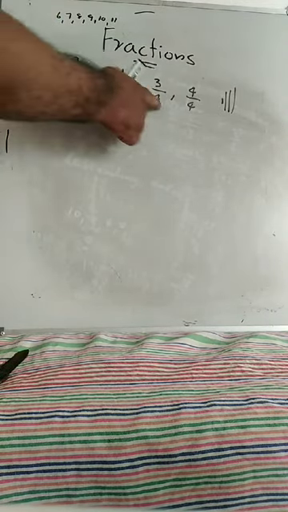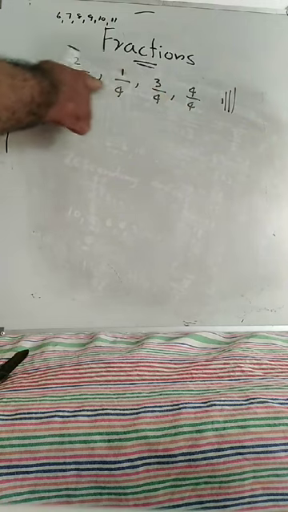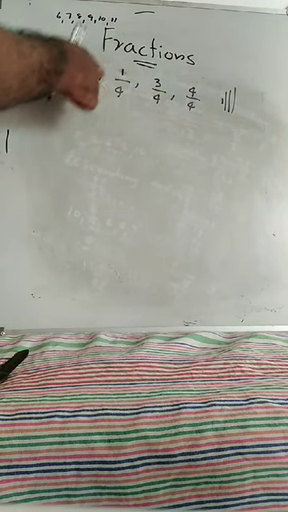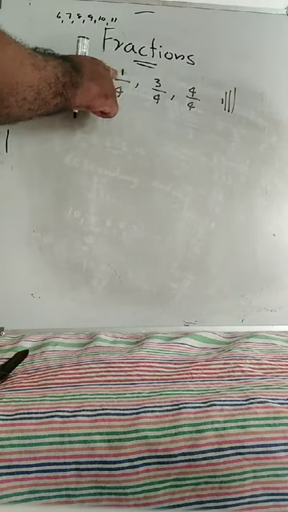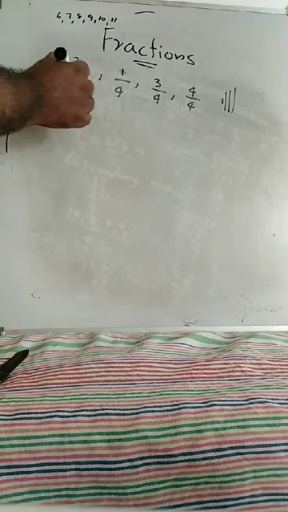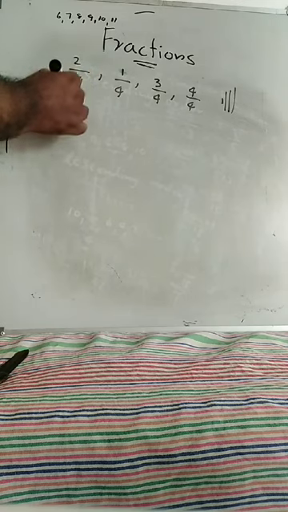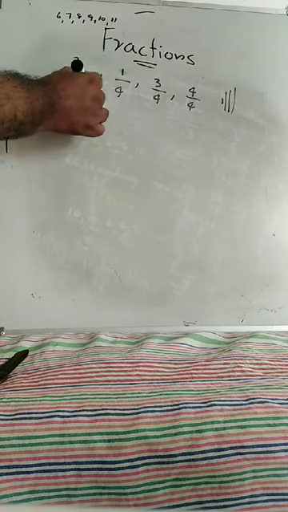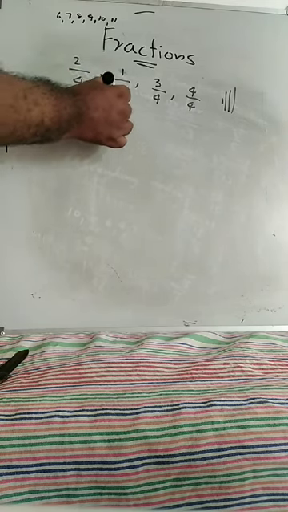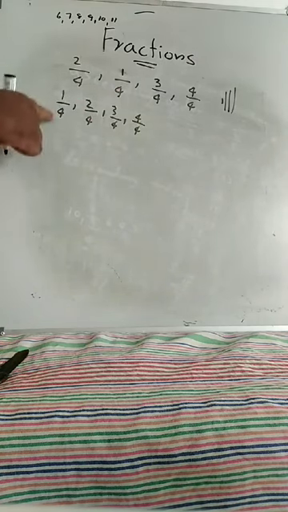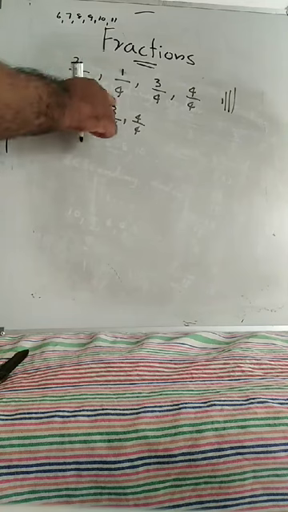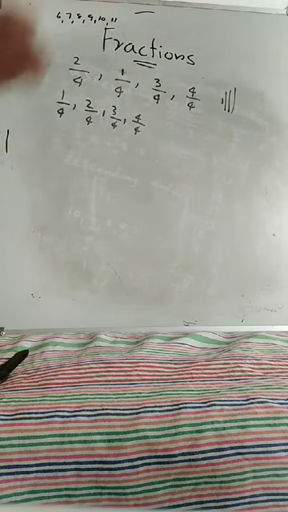All denominators are equal. If the denominator is equal, the smallest numerator is the smallest one. Then the smallest fraction is, you know everyone, 1 upon 4, 2 upon 4, 3 upon 4, 4 upon 4. This is the ascending order, right? Smallest to biggest because the denominator is equal.